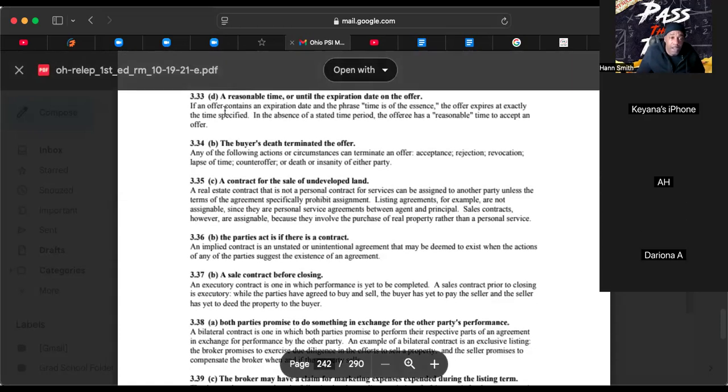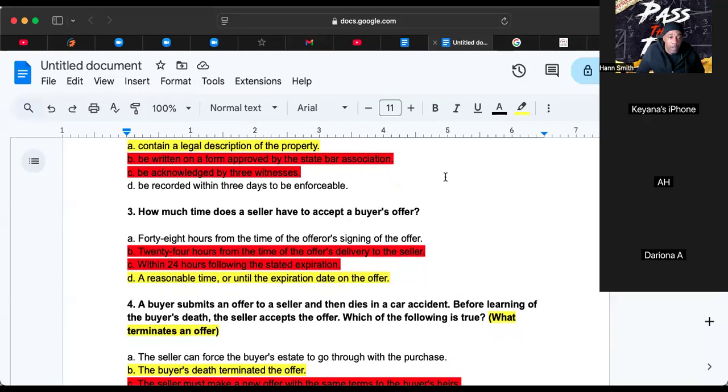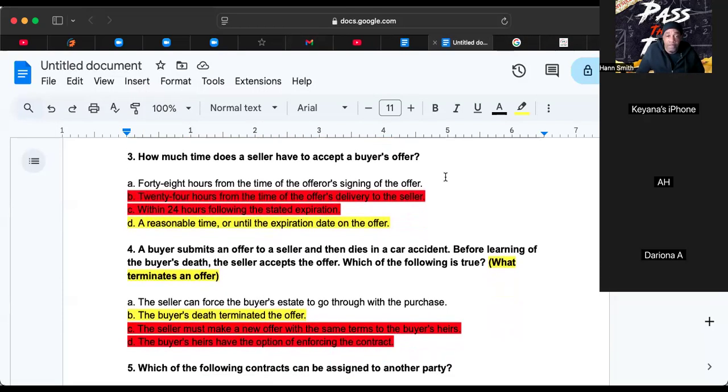Number 3, we said, is D, reasonable time until the expiration date on the offer. Now, remember, we got that one right. We talked about that one. So 3 was, how much time does a seller have to accept an offer? We said a reasonable time until the expiration date of the offer.